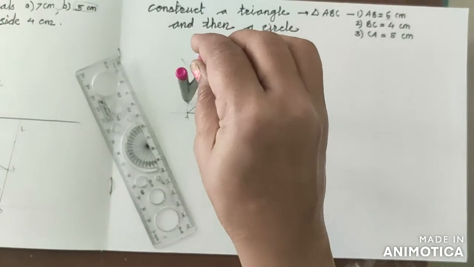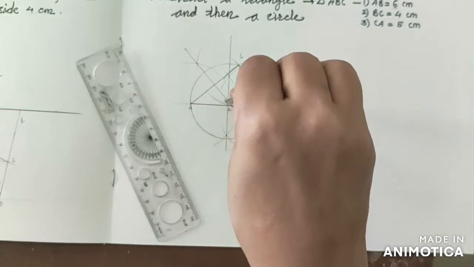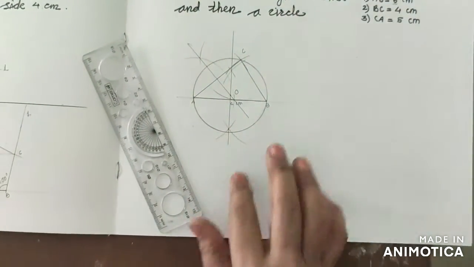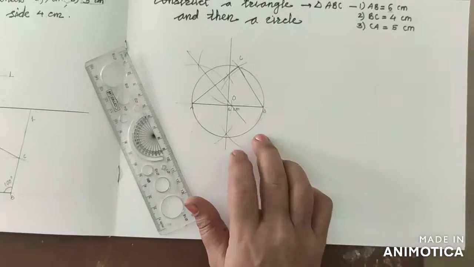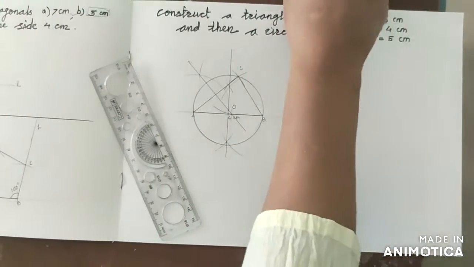Correct it is. Draw a circle like this. Understand? In this way we can draw a circle passing through the same points A, B, C.